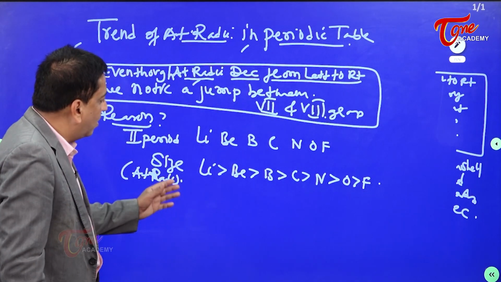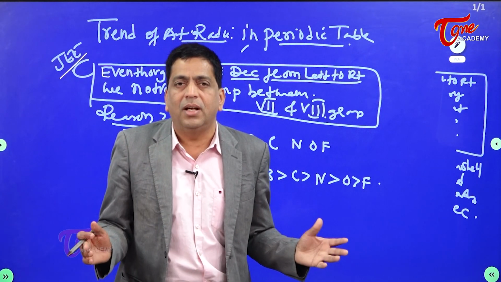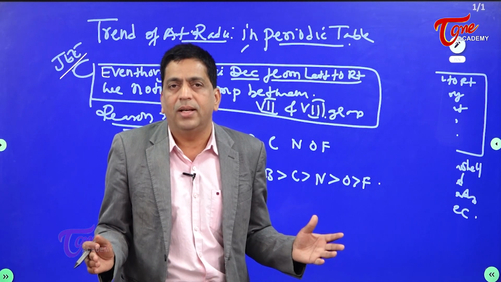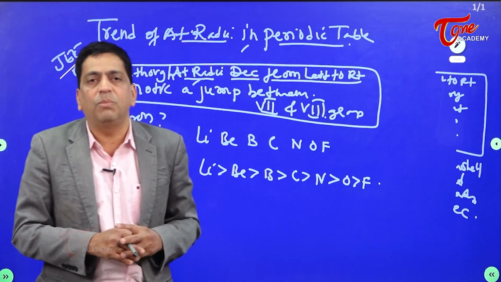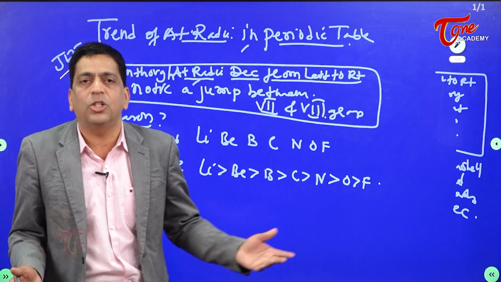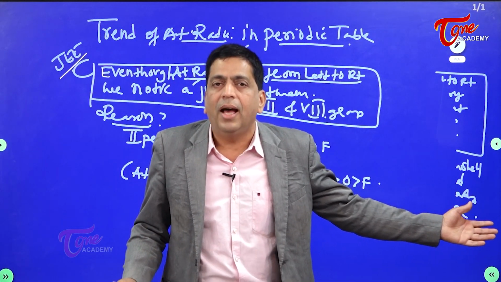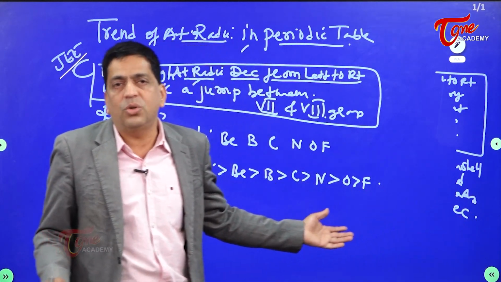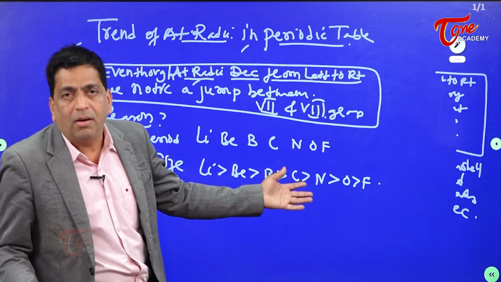So you can see lithium is the biggest atom in the second period, because the biggest atoms are placed at the extreme left of the periodic table, and lithium belongs to the alkali metals, so it should be the biggest in that period.